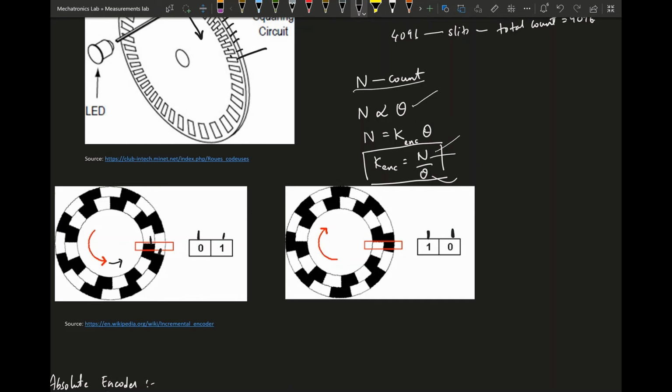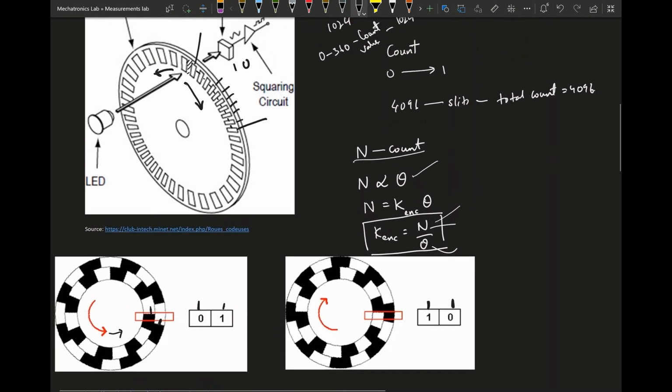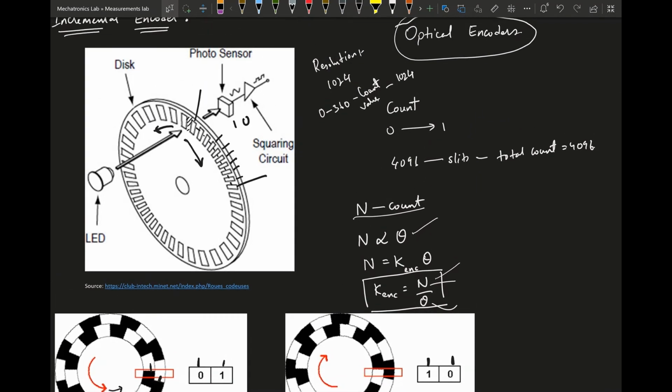But even if we know the rotation direction, there is another problem. The problem is that you don't know the initial starting position, because for incremental encoders, wherever you start the device, for example when you turn on the device, if the disk is at this position, this would be your zero value.